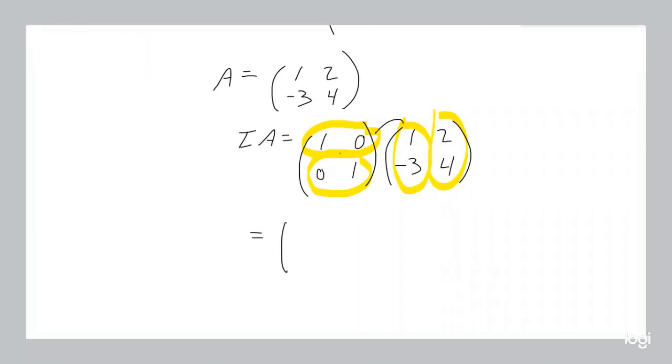Okay, so first these two, 1 times 1 is 1, plus 0 times negative 3 is 0. Then these two, 1 times 2 is 2, plus 0 times 4 is 0. And then these two here, 0 times 1 is 0, 1 times negative 3 is negative 3. And then these two, 0 times 2 is 0, 1 times 4 is 4. And so, of course, we get matrix A as expected. That's how the identity matrix works.